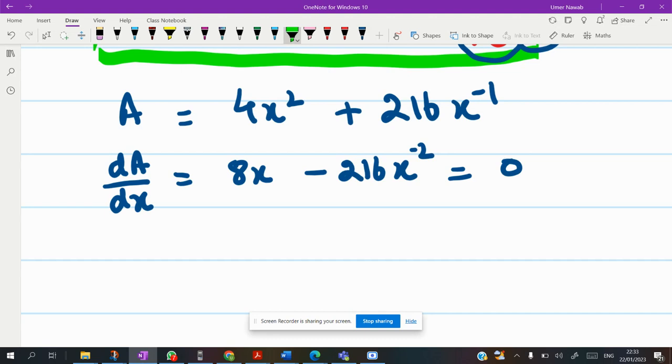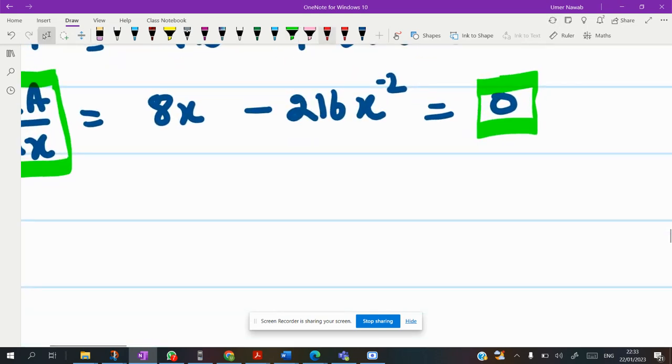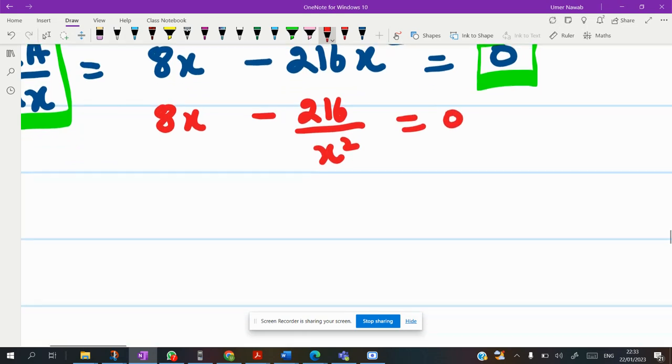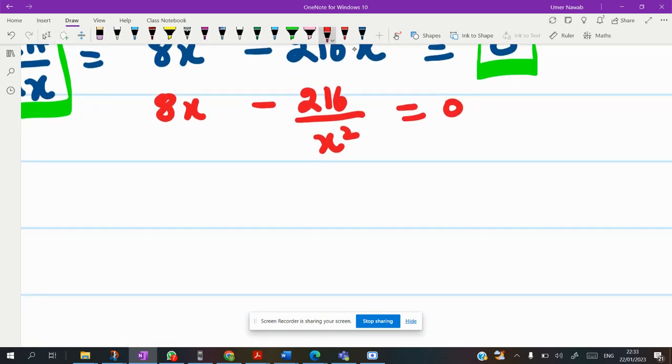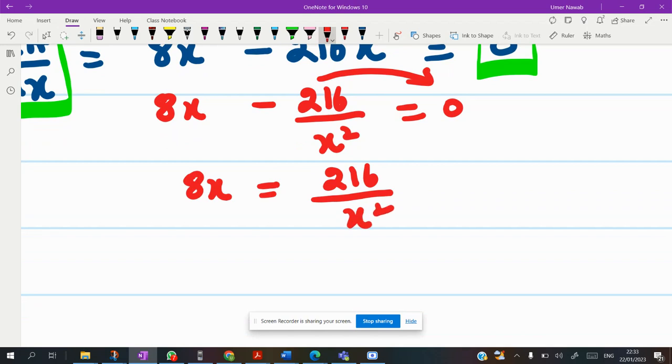Because if anyone wants to get the stationary points, he has to find the derivative and put it equals to 0. Now can I solve this equation? So this is 8x minus 216 over x squared is equals to 0. Can I send this to the other side? So 8x, it is equals to 216 over x squared, right?